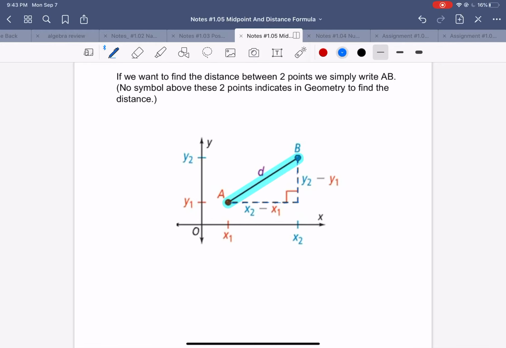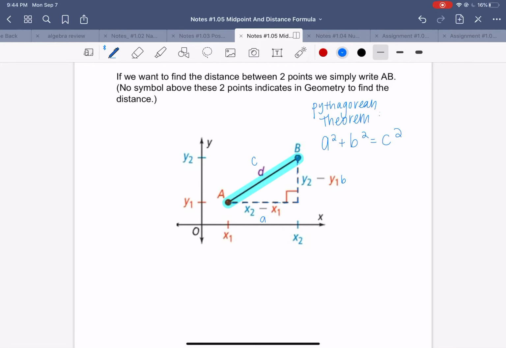So if we remember what the Pythagorean theorem is, the Pythagorean theorem is a squared plus b squared equals c squared. Okay, so remember, this part right here being a, b, c, right?